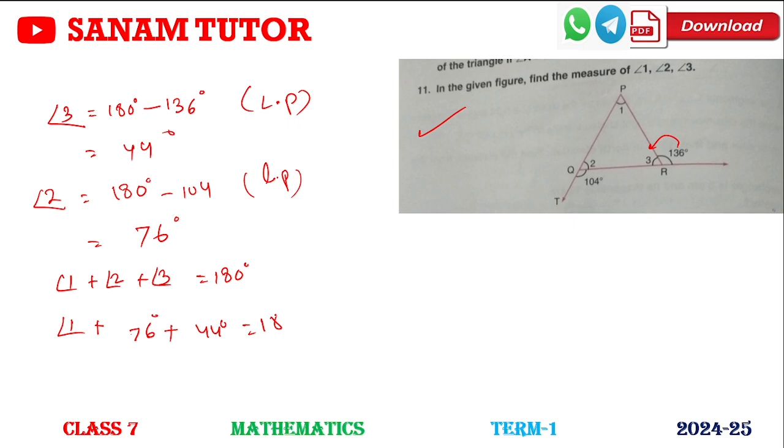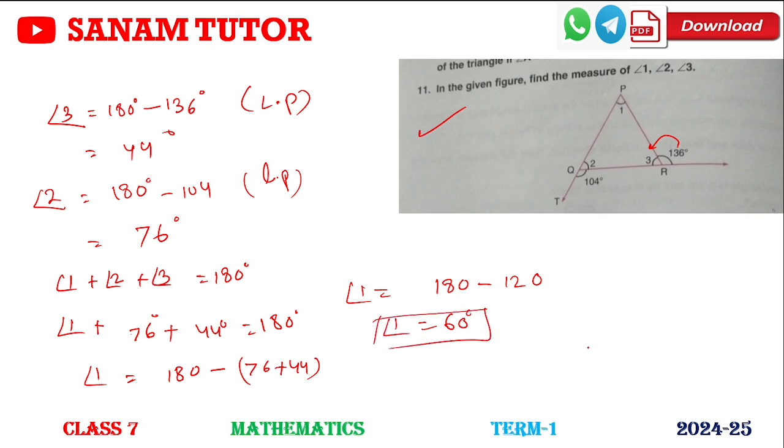So angle 1 equals 180 minus 76 plus 44. Now first we solve, 180 minus 120. So the answer is 60 degrees. So therefore angle 1 equals 60 degrees, angle 2 equals 76 degrees, angle 3 equals 44 degrees.